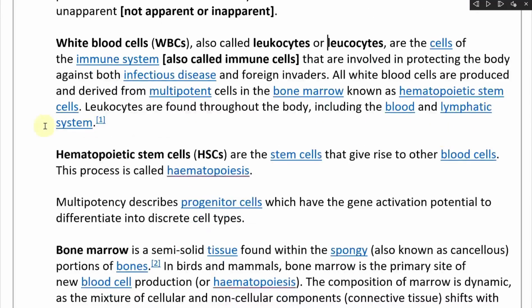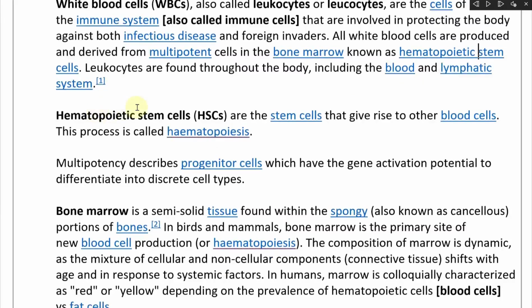All white blood cells are produced and derived from multipotent cells in the bone marrow, known as hematopoietic stem cells. Leukocytes are found throughout the body, including the blood and lymphatic system. And so they're found throughout the body, including the blood, lymph, etc. Hematopoietic stem cells, HSCs, are the stem cells that give rise to other blood cells. This process is called hematopoiesis.